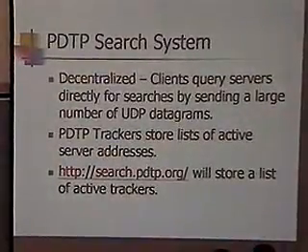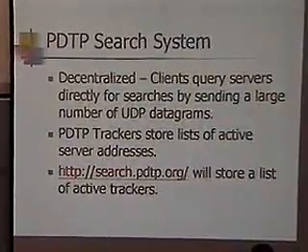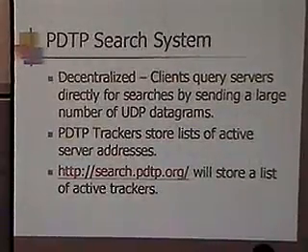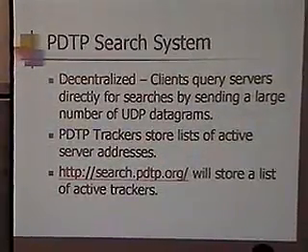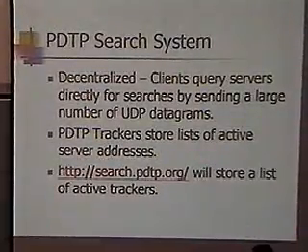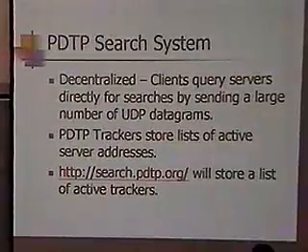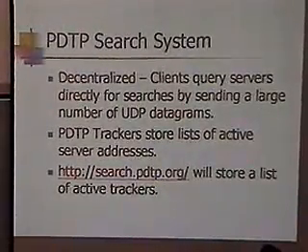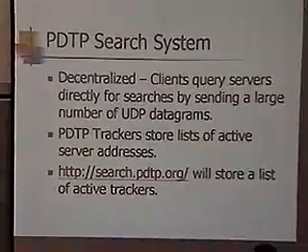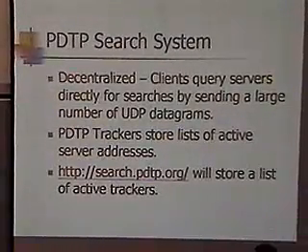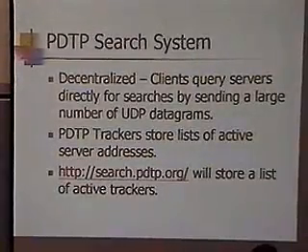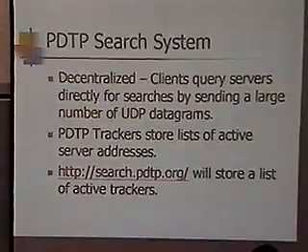And after they've given that datagram and the server's done doing its search, it'll fire back another UDP datagram at them telling them the search is complete. They'll also have a key to fetch the search results from the server, then they connect by TCP to fetch the search results. So the nice thing about this is I will be keeping a master list of all trackers, and then the trackers only keep track of the addresses of servers, so nowhere in the first two tiers of that entire system is the actual content being searched for exposed.